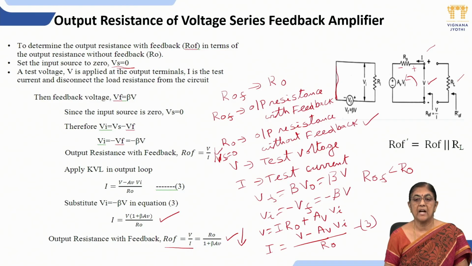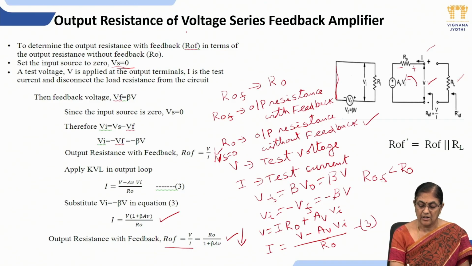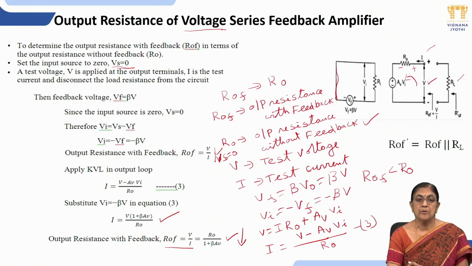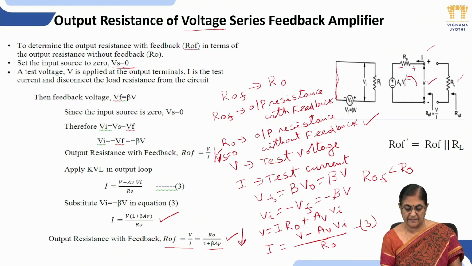What is the reason for that? At the output terminals of the amplifier, we are using a voltage sampler, that means the input terminals of the feedback network are connected in shunt to the output terminals of the basic amplifier. Therefore, output resistance decreases by the factor of 1 plus beta AV.